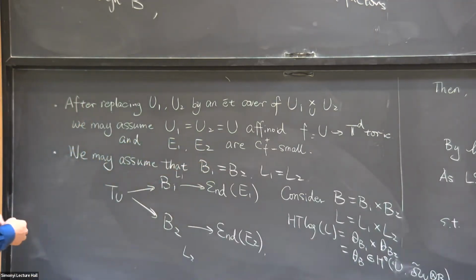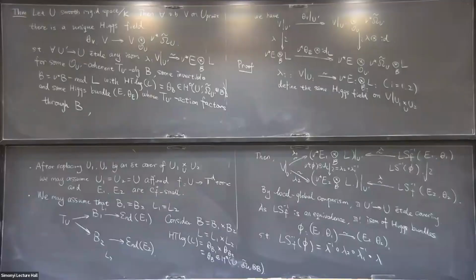Could we rephrase the statement as saying, without ever mentioning V, but just saying that this theta V coincides with that local construction on U primes where the bundle becomes small? Yeah, I think so. But this is more general, I think. This is slightly more general, because then you just restrict to small vector bundles.